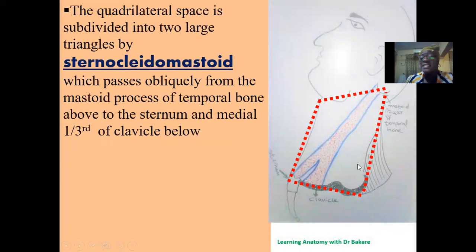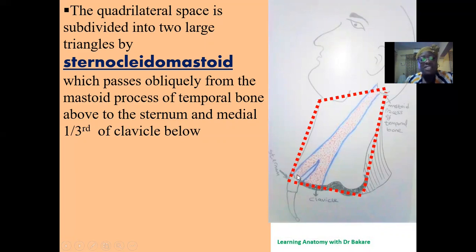We then have the sternocleidomastoid muscle dividing this four-sided outline into two. So it runs along its diagonal, dividing it into an anterior triangular space and a posterior triangular space. We already know that the sternocleidomastoid muscle originates from the mastoid process of the temporal bone, and its insertion points are on two regions.